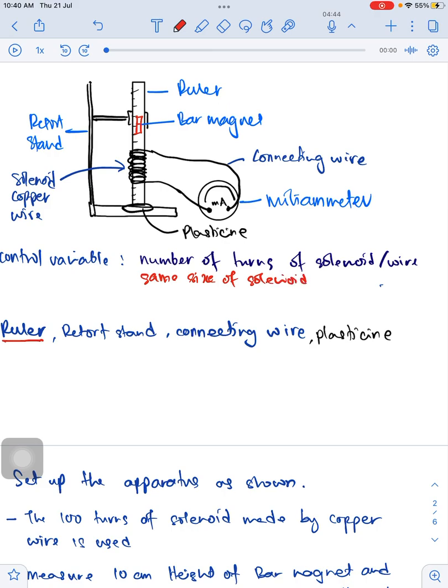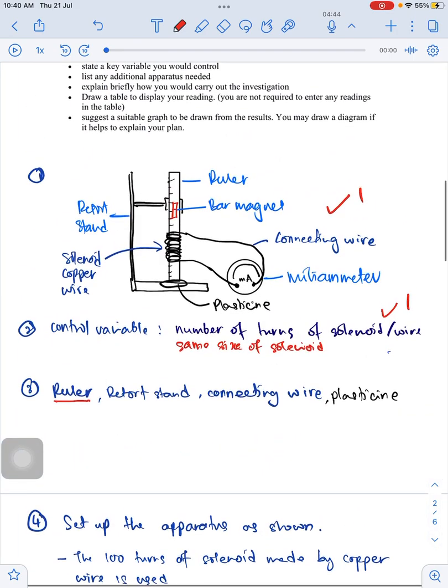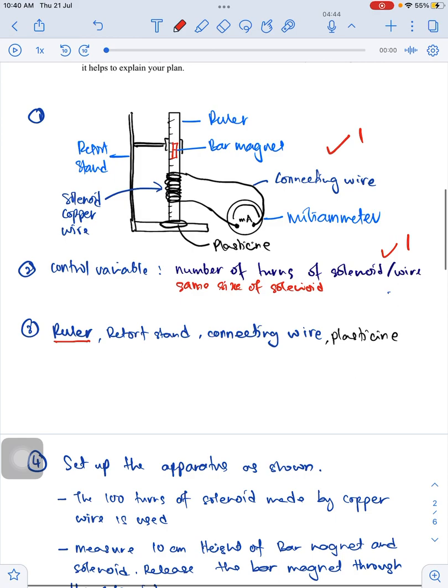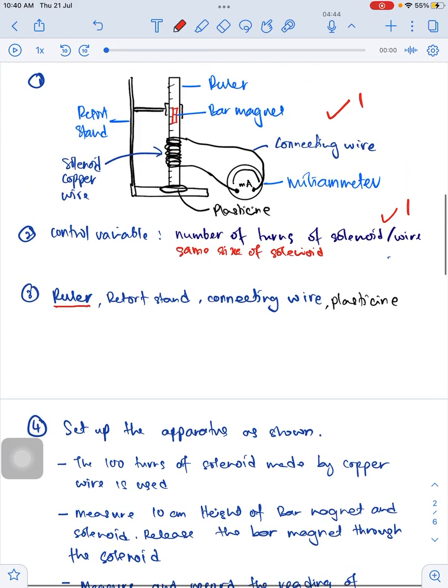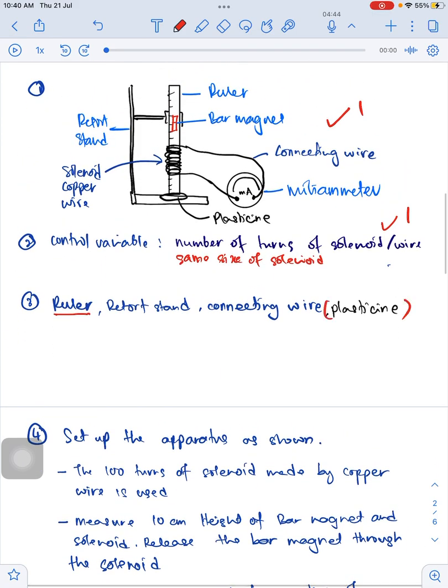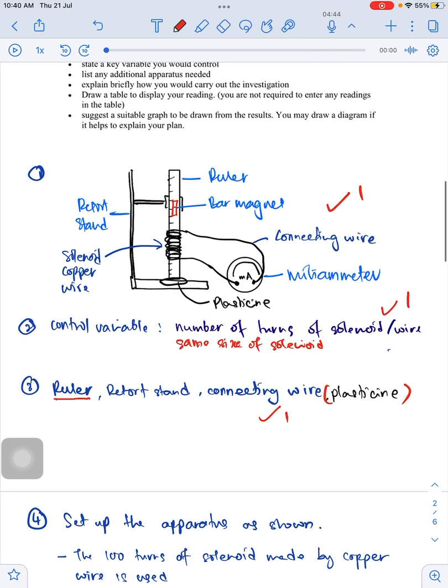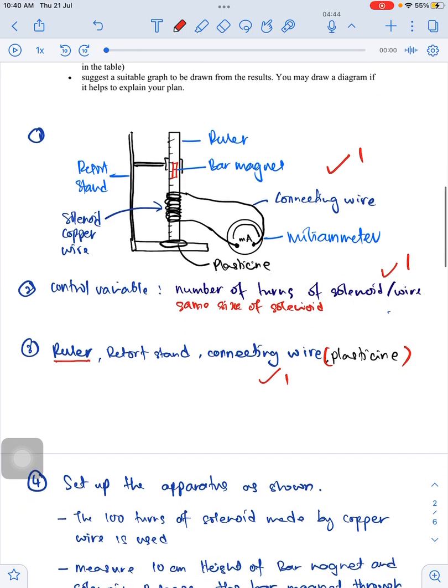Okay, so here is 1 mark for the control variable. And then the next one is additional apparatus needed: ruler, retort stand, connecting wire. Plasticine is additional; it is not compulsory for you to have. So that is another 1 mark.